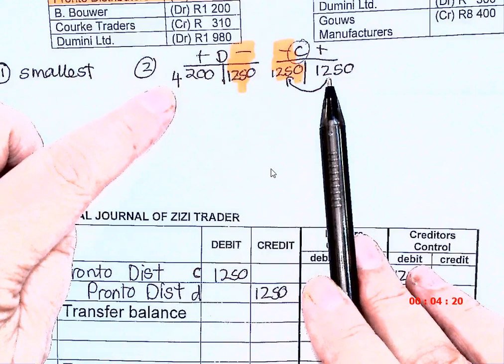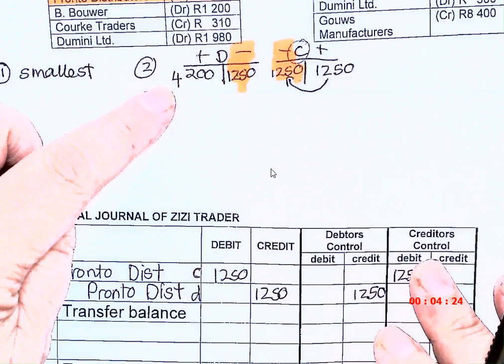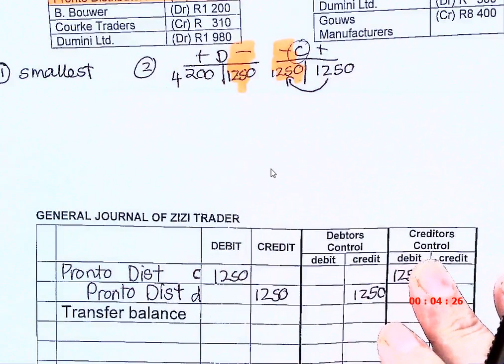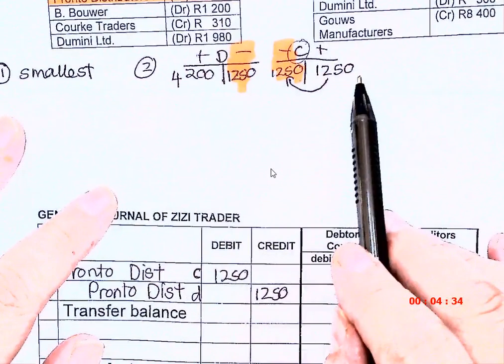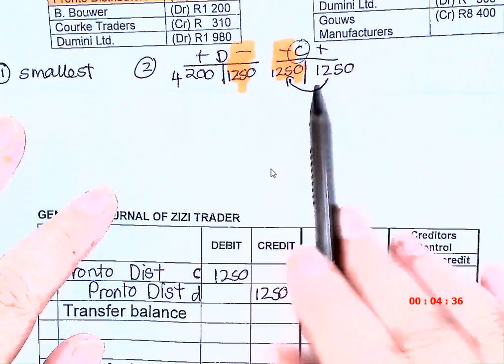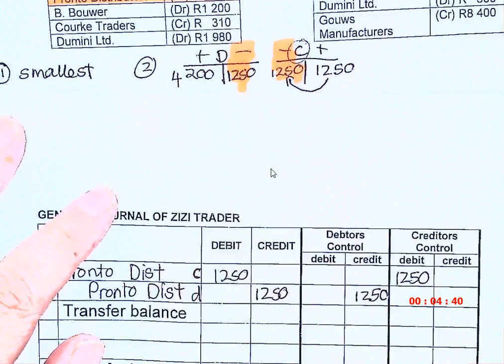Right? Because I owe him 1,250. So I'm not going to pay him 1,250, but he's going to pay me 1,250 less. Can you see he does not exist as a creditor anymore? Because I'm making his debt less with that which I owe him.